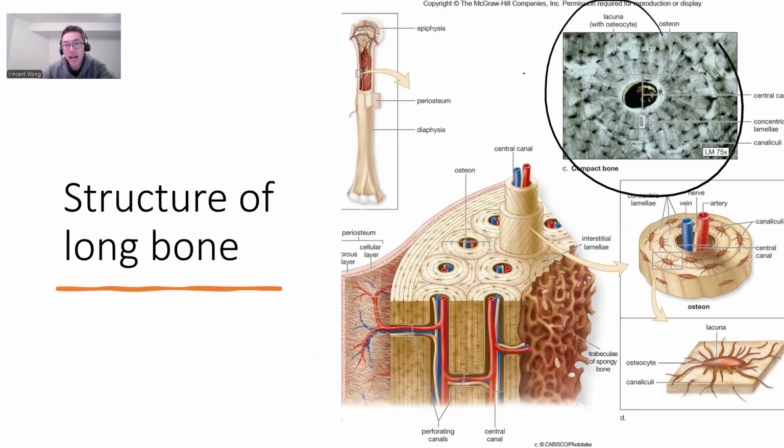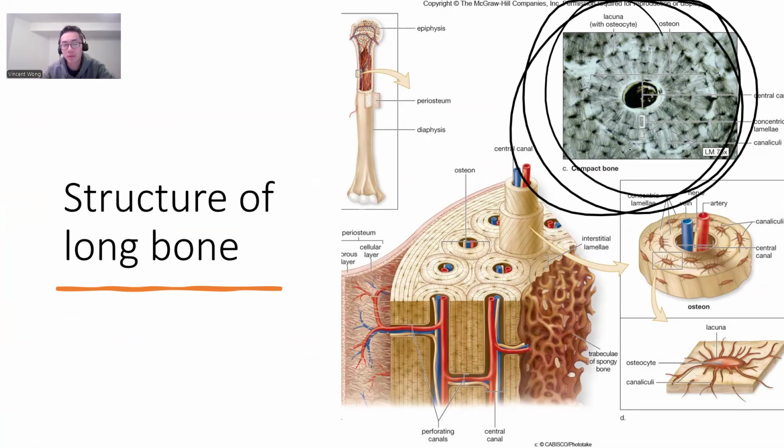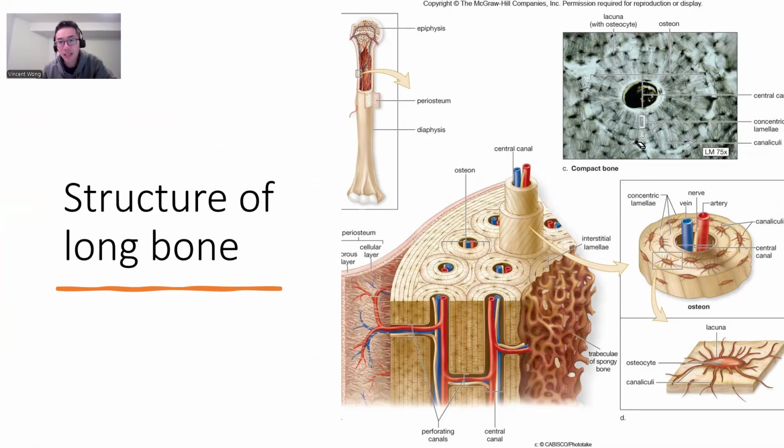Okay. This is actual bone under the microscope. I was just showing it to my other class in person last week, and you can see these pockets right here, the lacuna, central canal in the middle. Okay, periosteum.